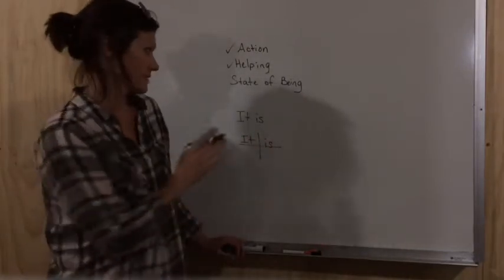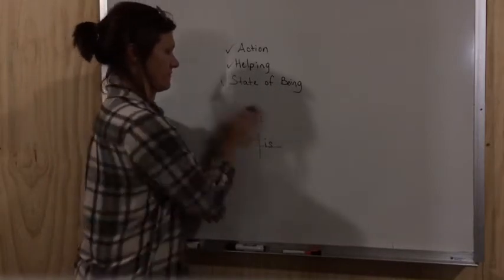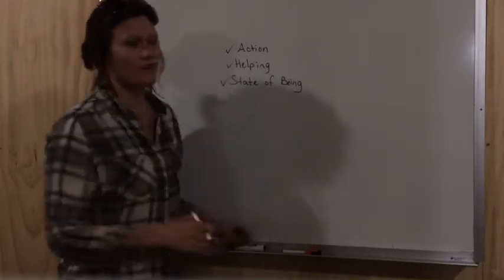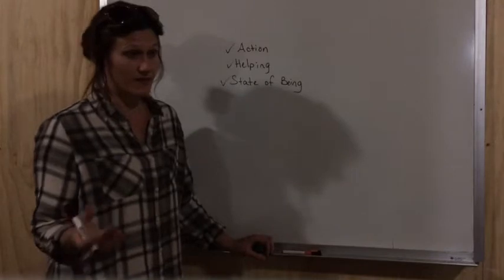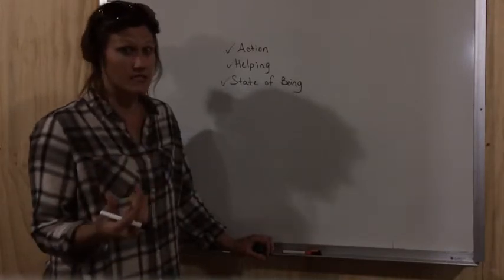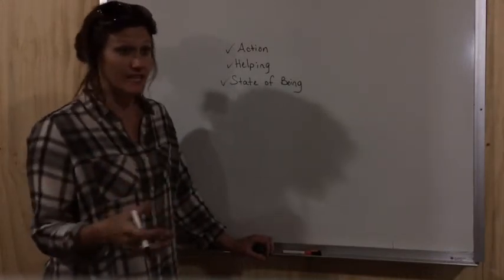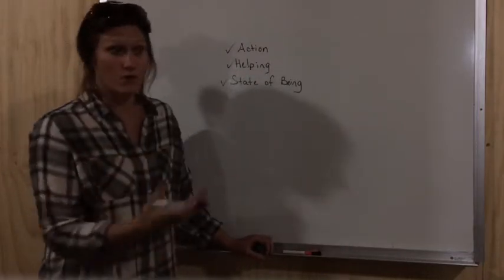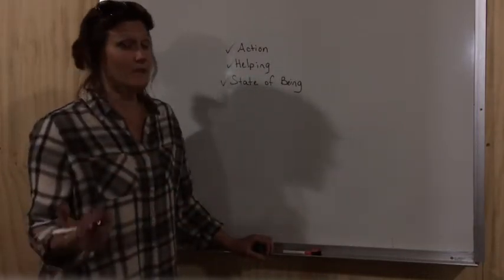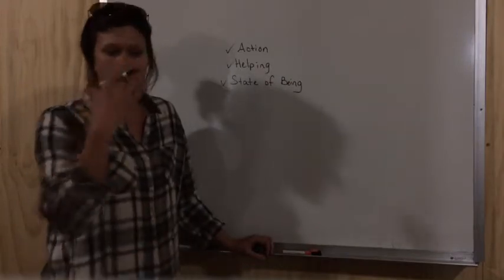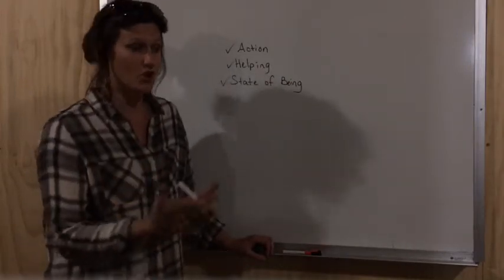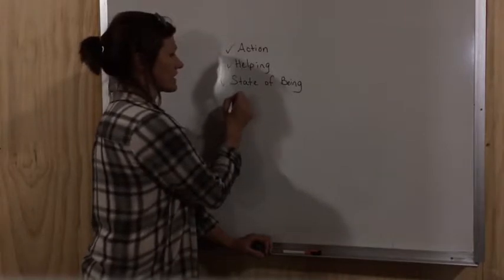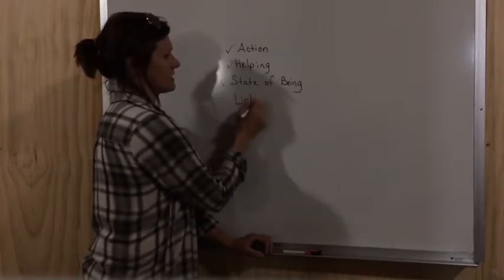So state of being verbs. Simple. If you can't tell what's going on, like if there's no action to it, it's not helping anything, it's not linking a predicate adjective or a predicate nominative, then it might be a state of being verb. State of being just means that it just exists. You just are.